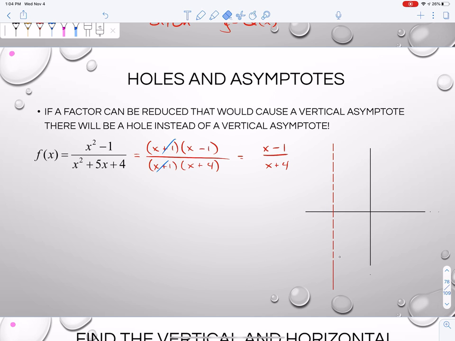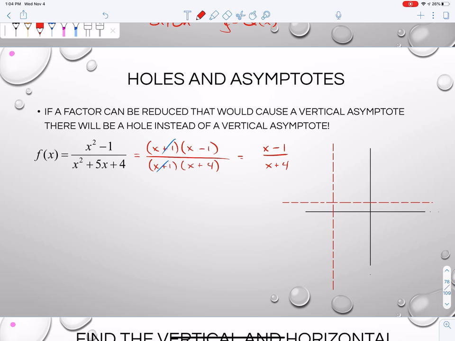In Notability, the easiest way is to draw the straight line, then do the partial erase. All right. I'm going to have a horizontal asymptote because the degrees are equal, so it's the ratio of the lead terms. So I'm going to have a horizontal asymptote here at 1 over 1, or y equals +1. So again, I'm just very quickly sketching this out.